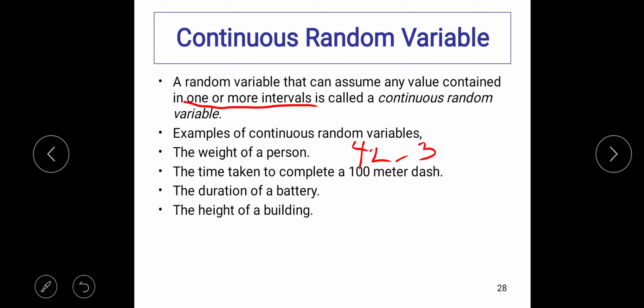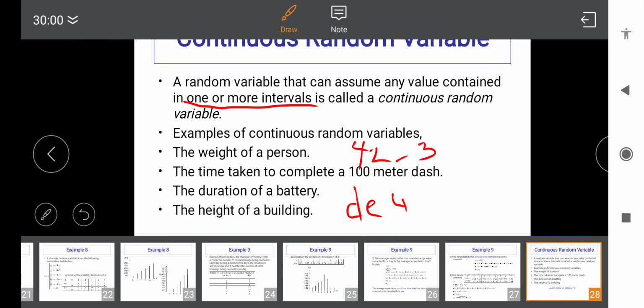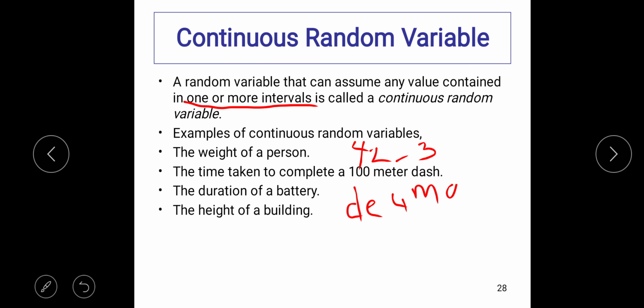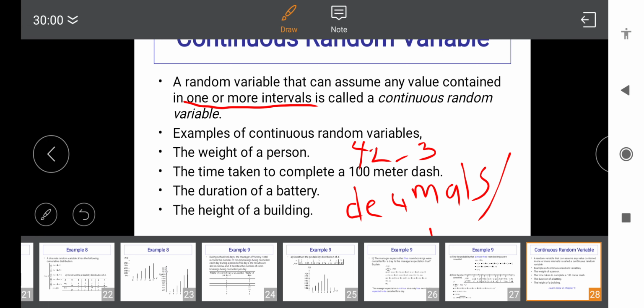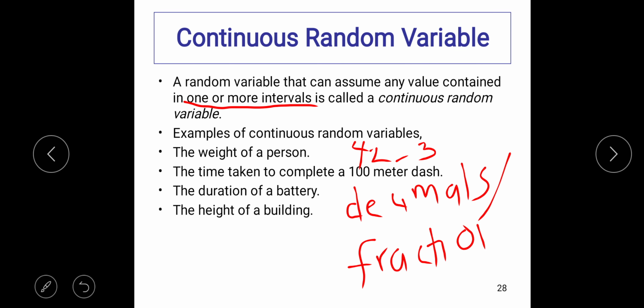The height of a building, maybe 100.72 meters. So anything which you can find in decimals or fractions, these are part of your continuous random variable.